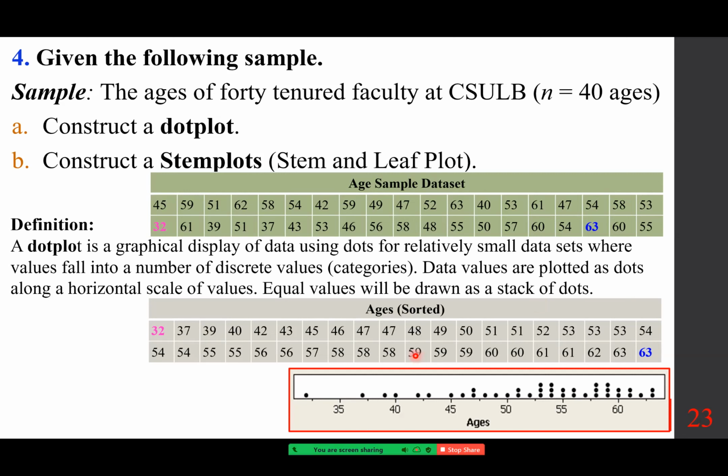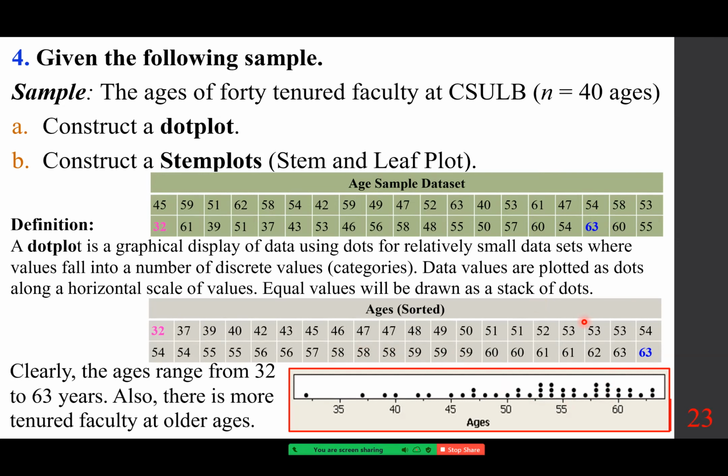So for example, 59, 1, 2, 3, 58, 1, 2, 3. Clearly the ages range from 32 to 63. So that's a good piece of information. Also, there are more tenured faculty at older ages. See, these numbers are higher, right? At older ages.